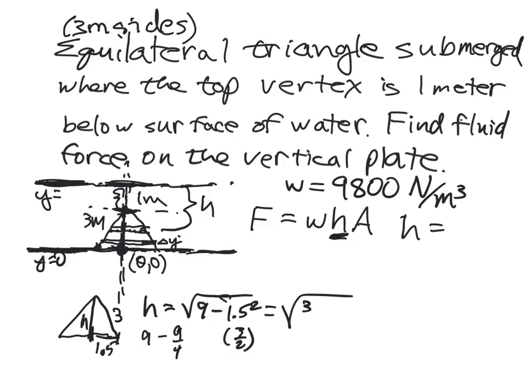So it'll be the square root of 27 over 4, which is 27 divided by 4 under the root, and we could simplify: 3 square root of 3 divided by 2. 9 times 3. So 3 square root of 3 divided by 2 is our height of the triangle.